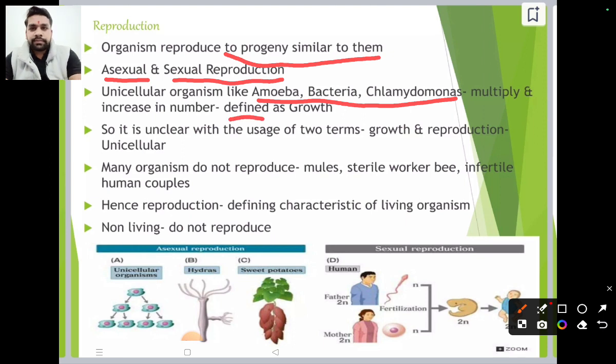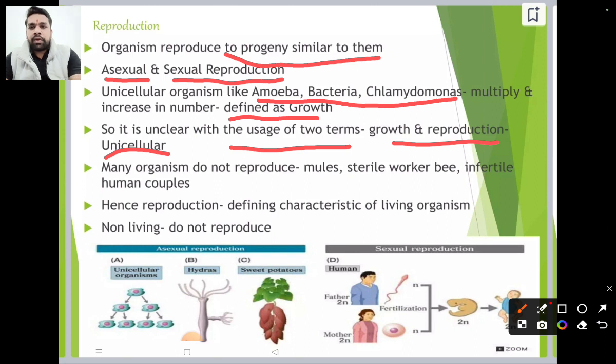So here it comes again, that if a unicellular organism divides and increases its number, it is also considered as growth, and will also be called reproduction. Clear? So it is unclear with the uses of two terms, growth and reproduction, for unicellular. So it is a kind of confusing thing that growth and reproduction are the same for the unicellular organism.